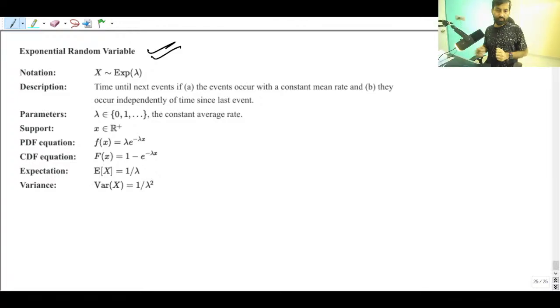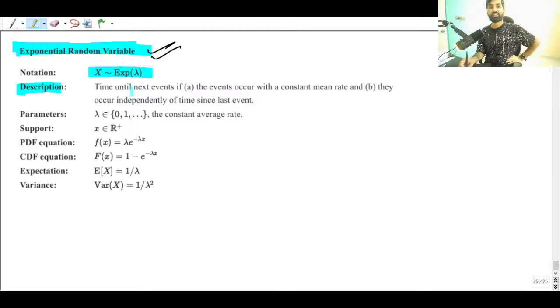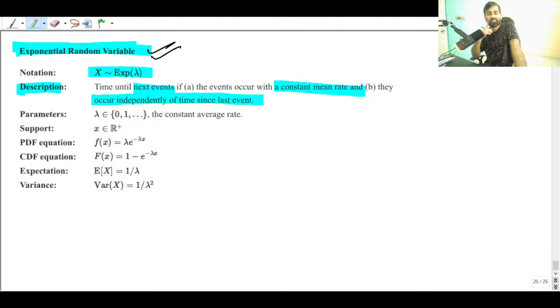So look at this slide. For an exponential random variable, what is the density function? What is the notation first of all, and the description: the time until the next event if the events occur with a constant mean rate, where lambda is the mean rate, and they occur independently of the time since the last event.